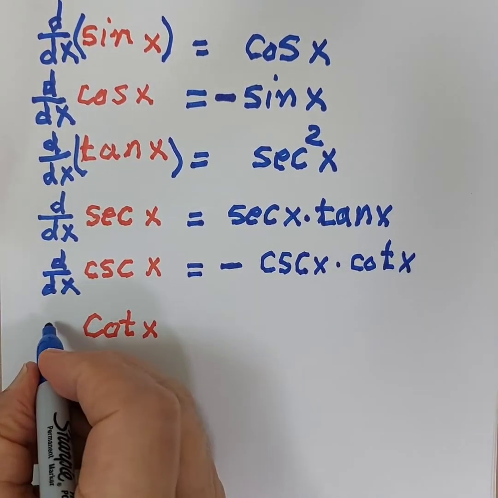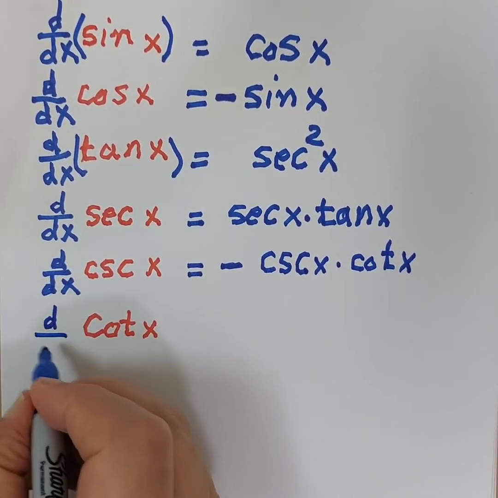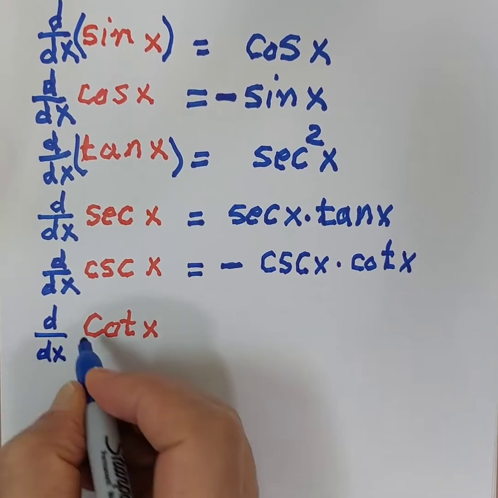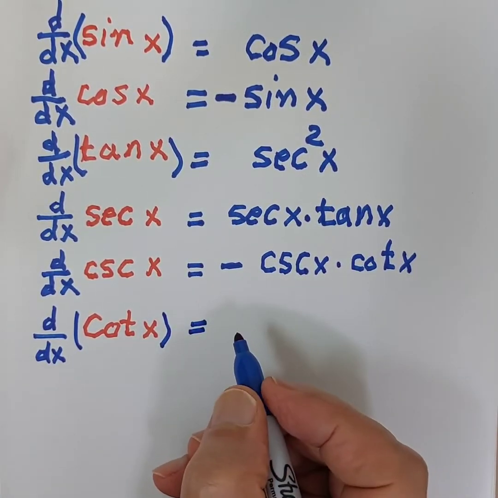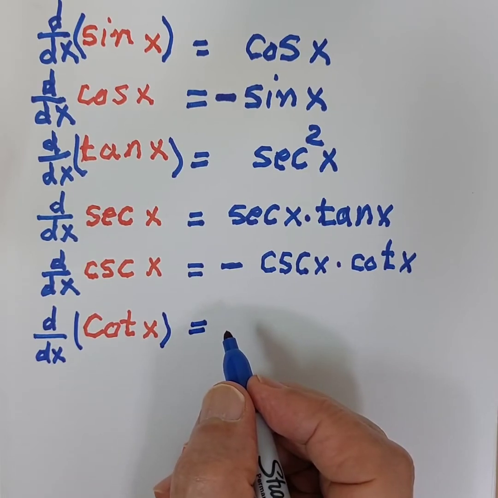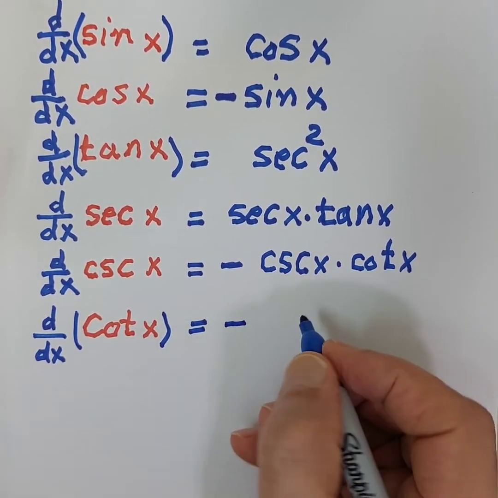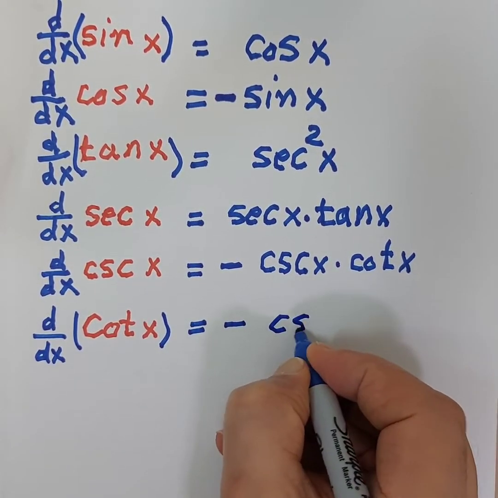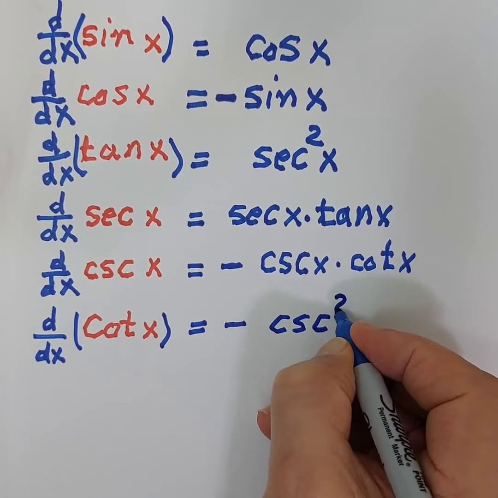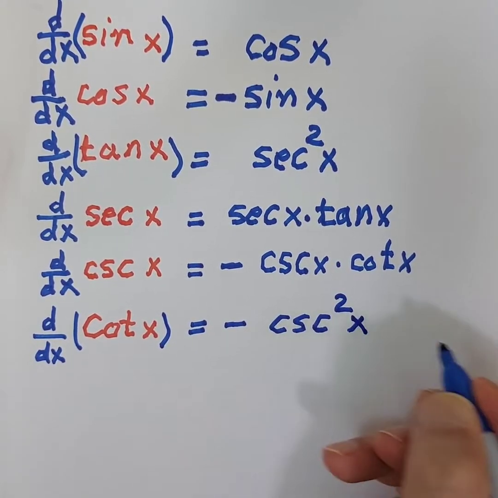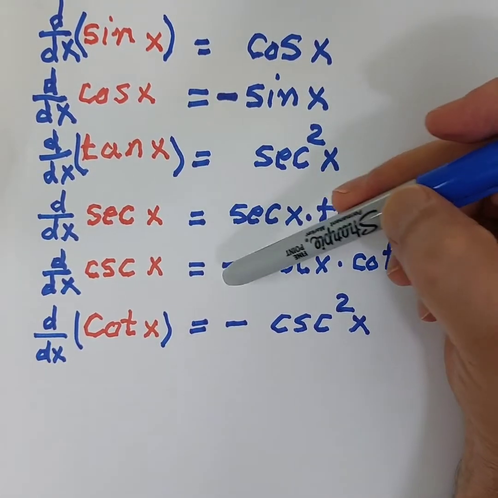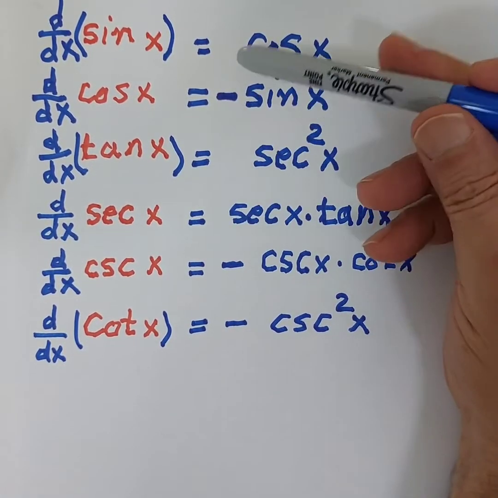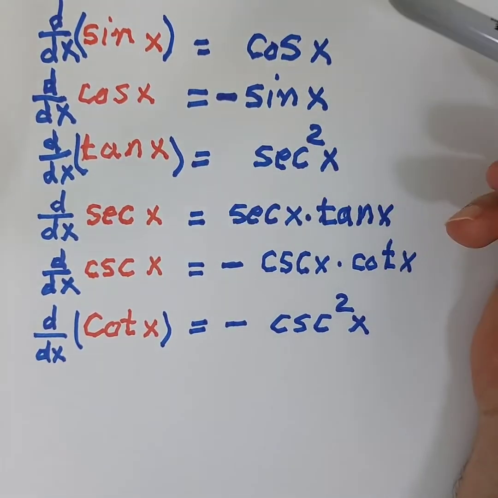And finally, d by dx for cotan is minus cosecant squared x.